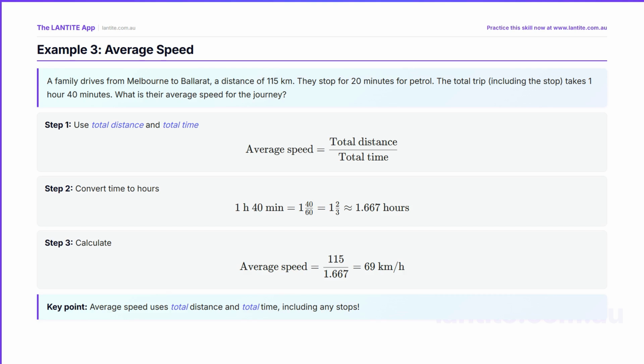Convert 1 hour 40 minutes to hours. 40 over 60 is 2/3, so approximately 1.667 hours. Then, divide. 115 divided by 1.667 equals 69 kilometers per hour. Remember, average speed always uses total distance over total time.